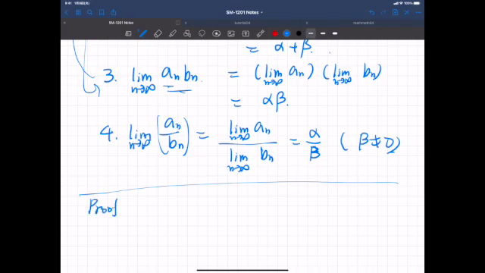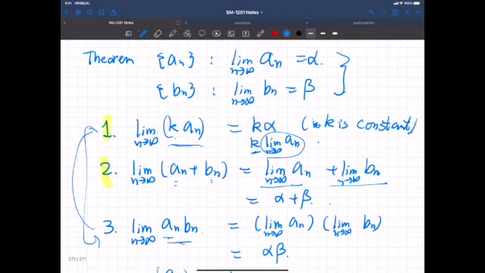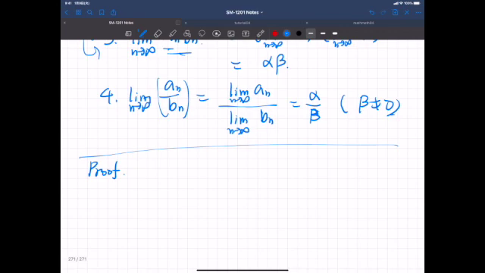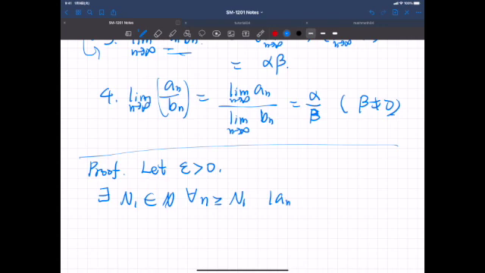First of all, since an converges to alpha and bn converges to beta, we have the following. Let epsilon be a positive real number. This can be anything. Then there exists some natural number n1 such that for all natural numbers greater than n1, we have |an minus alpha| less than epsilon.